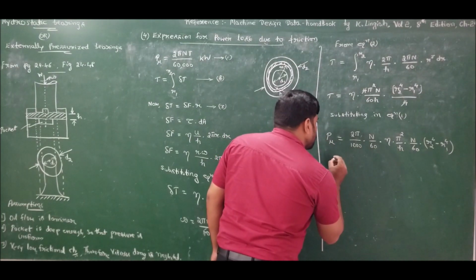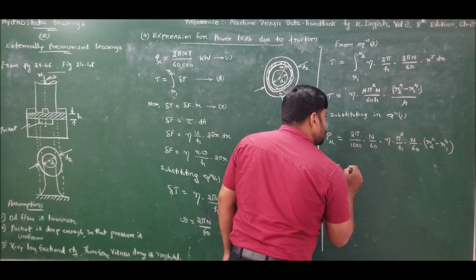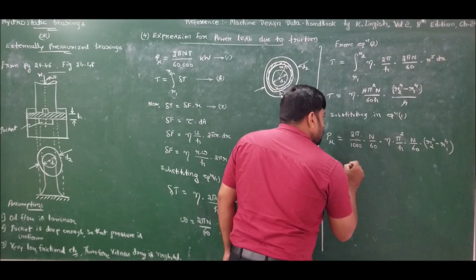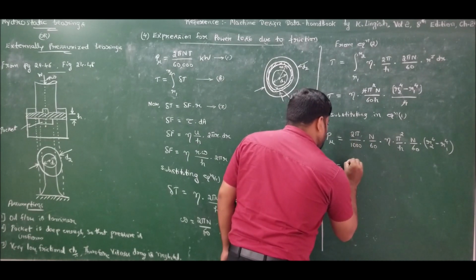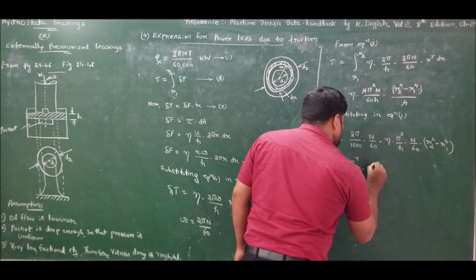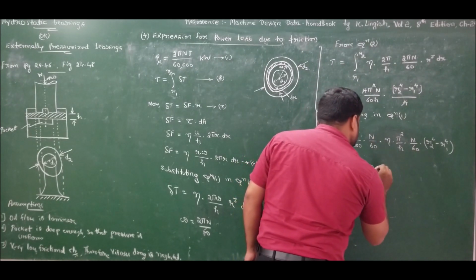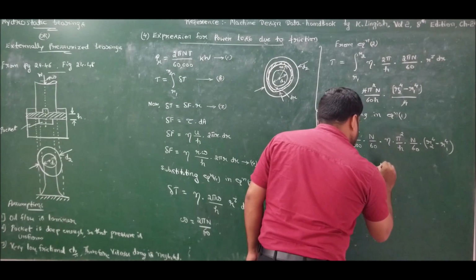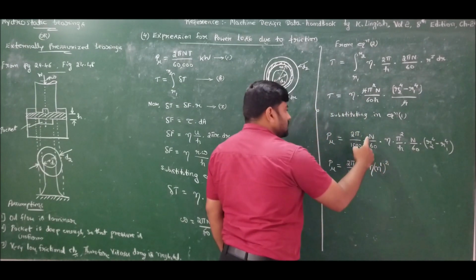So therefore I am left with P mu is equal to 2 pi square into pi, which is 2 pi cube, by 1000 times eta, n dash into n dash, which I can call n dash square. N dash is n by 60.